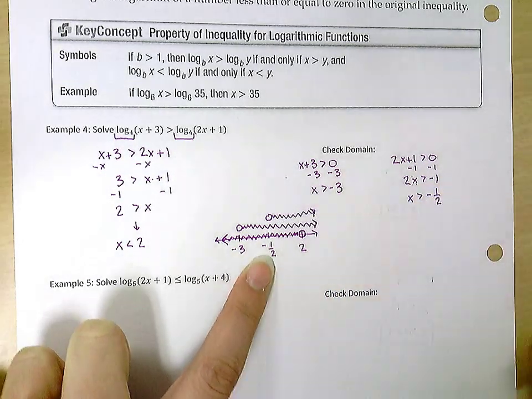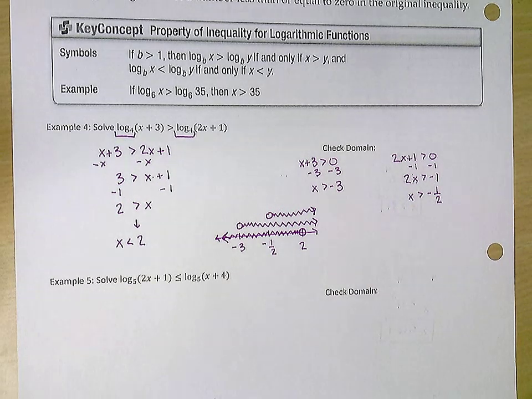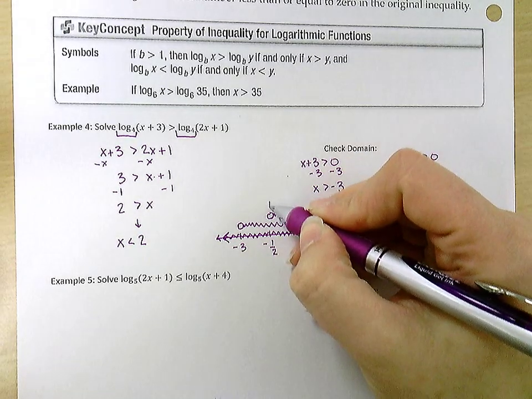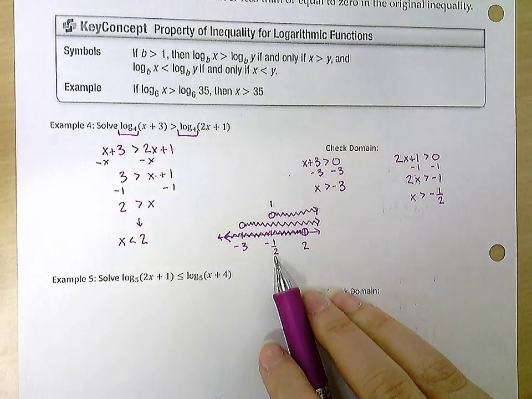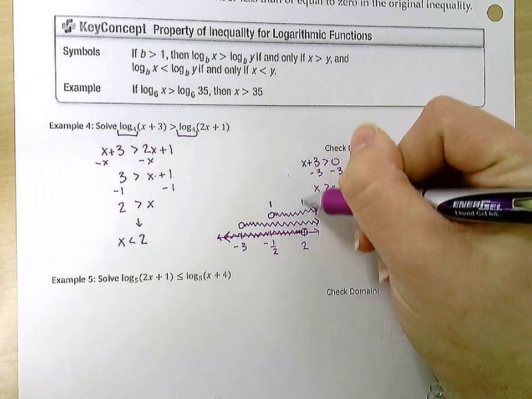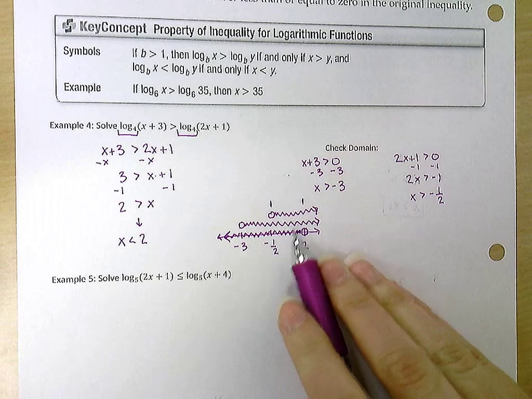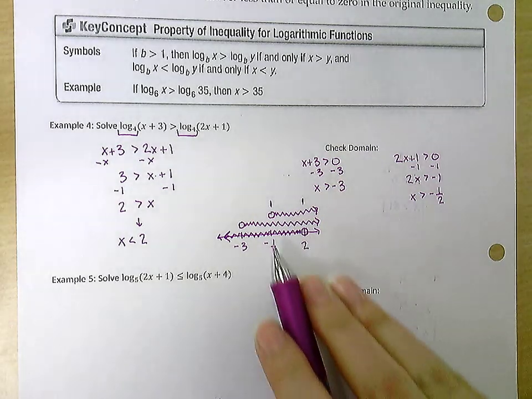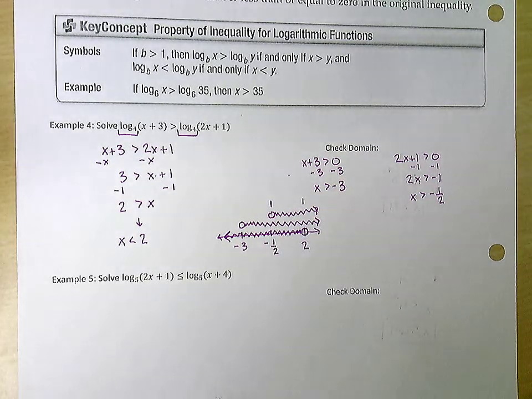Now when I do this, I want to see where all 3 of those overlap, where there's that shaded in line for all 3. That would be between this negative 1/2 and this positive 2. All 3 of those have that shaded part between those 2 numbers.